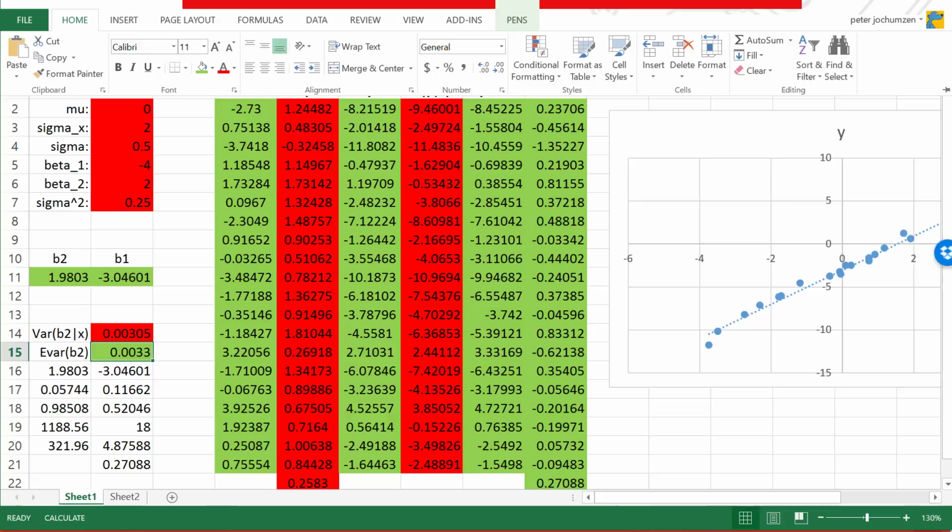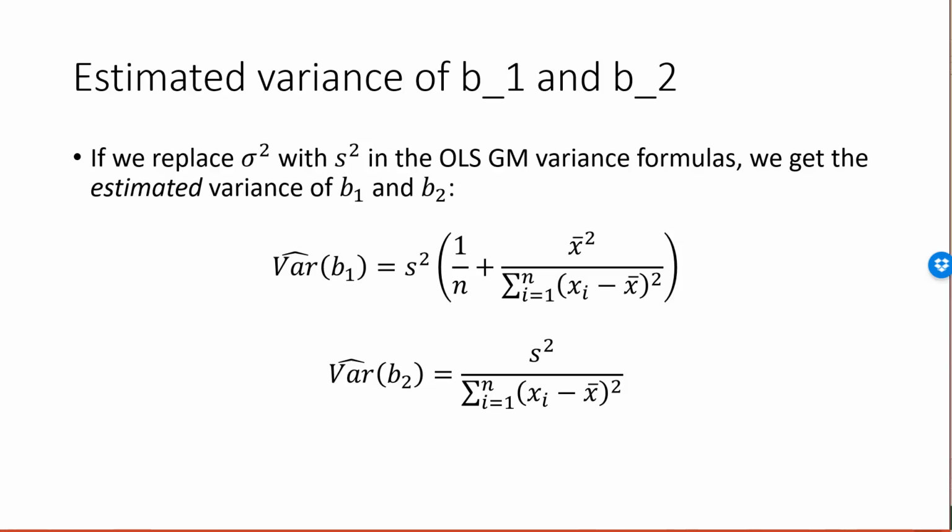Very uncertain in that case. A B2 with a low variance, that's nice. Then that means that we can trust B2. Now it's actually common to look at the square root of these variances rather than the variances themselves. But first, let's conclude the following.